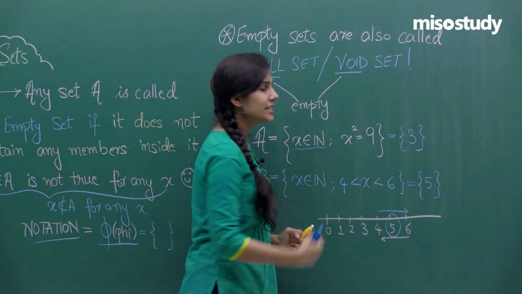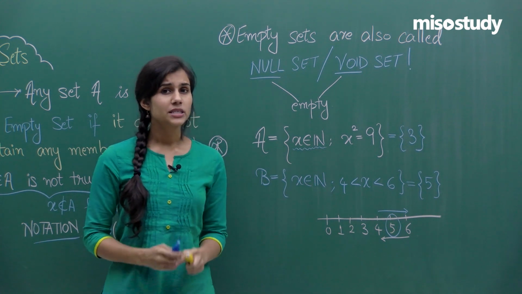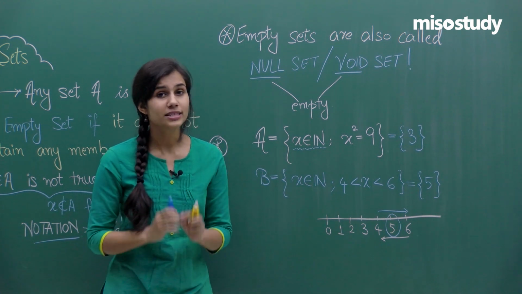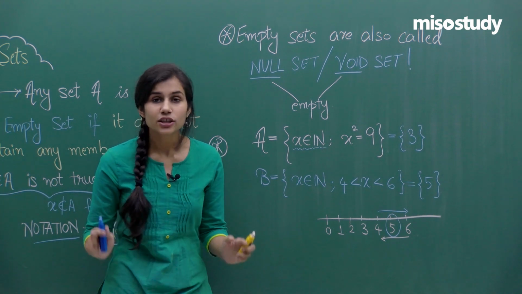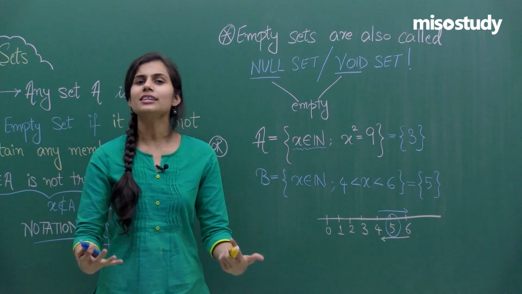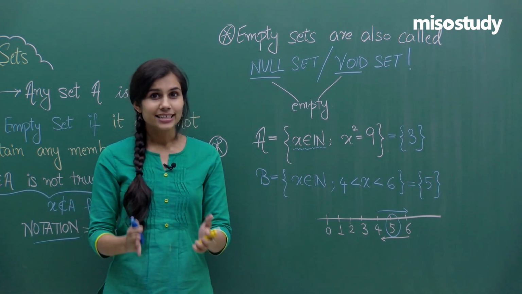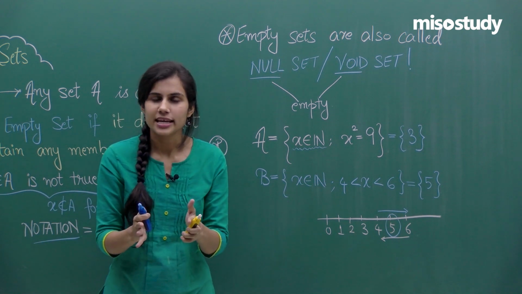Why did I present examples like these before you? If you carefully observe, the very first set we did was the empty set, a set which had nothing inside it. What is the next natural case that should have happened? It was that one element belongs to the set.